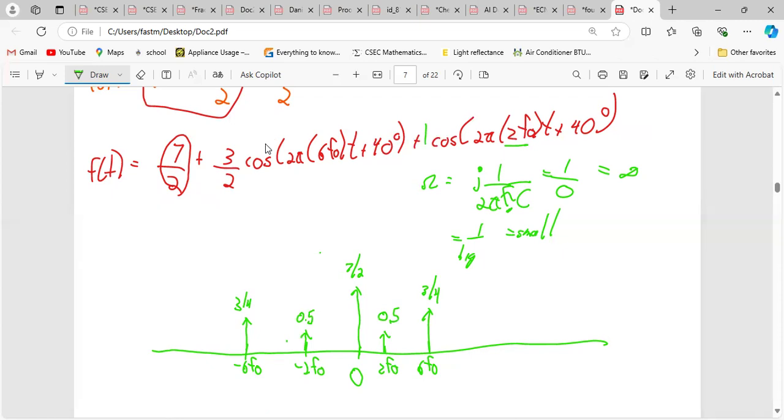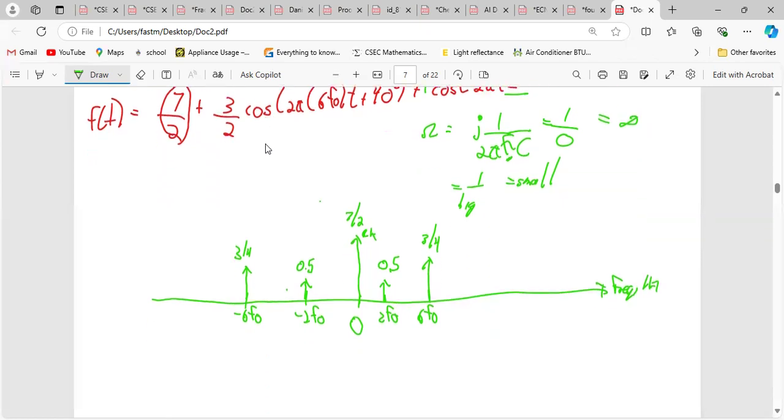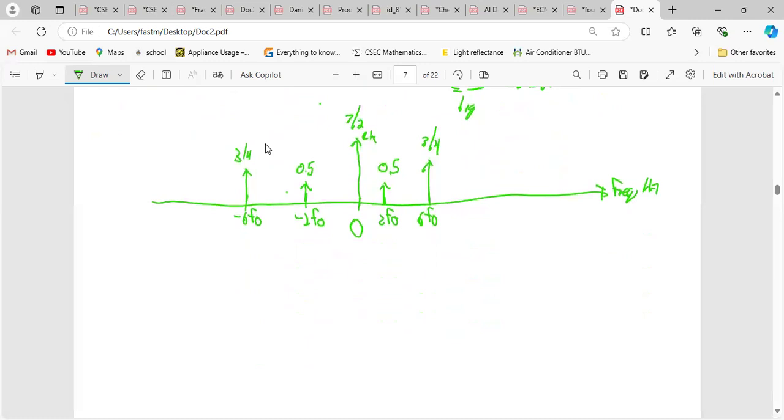Label the axes, obviously. Frequency, and Ck, and that is your magnitude spectrum. And the phase: DC doesn't have a phase, at least at this level in this course.